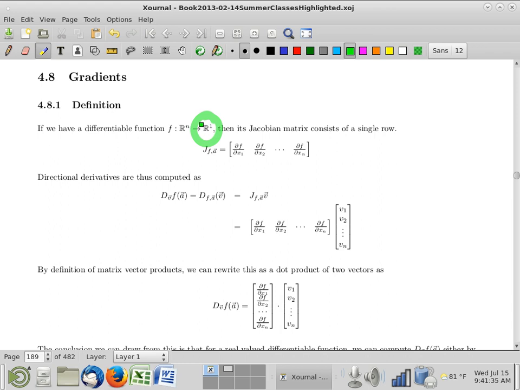Well, being a single real number, each of the several input variables, partials with respect to which give you several different columns, each one of those has only a single entry, because we're taking the partials of the function with respect to each of these several input variables, but the function only has one entry, and so each column only has one entry. Said differently, this matrix has a single row.